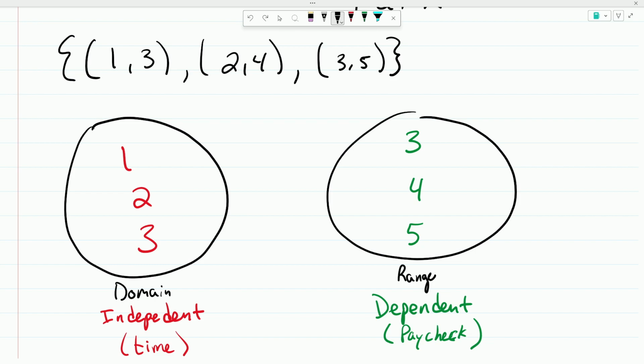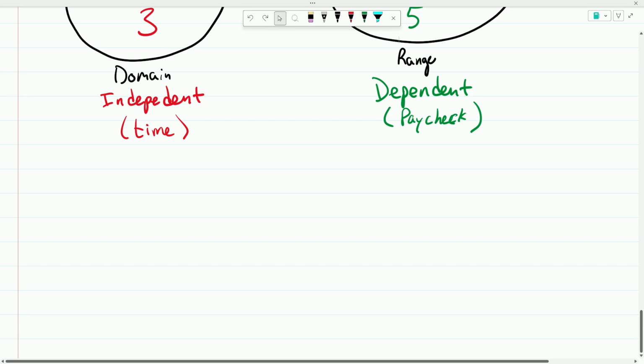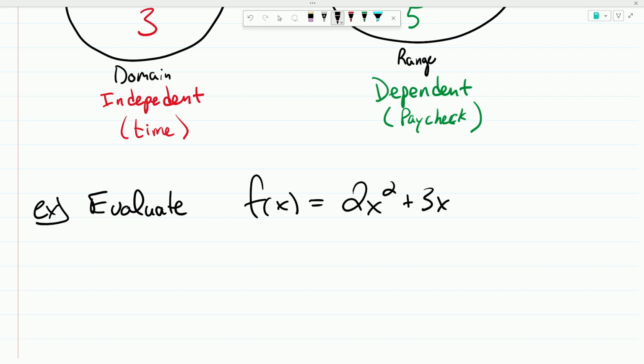Now, how does this relate back to our function notation? Well, within the function notation, we might have an example that looks something like this. We might say evaluate f of x equals 2x to the second plus 3x minus 1. All right. And this looks entirely different from something that maybe you've seen before. Or maybe you've seen this and it's like, oh, I remember seeing this, but maybe now that I know the definitions of these things, it makes more sense.